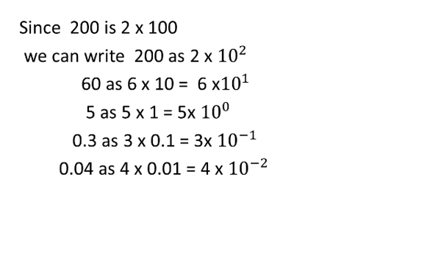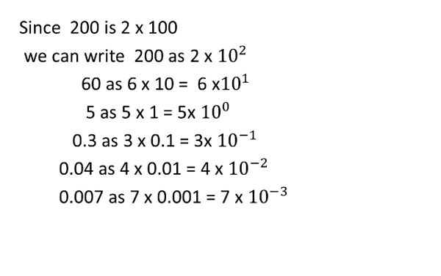So 0.04 we can write as 4 multiplied by 10 to the power of minus 2. 0.007 is 7 times 0.001, but 0.001 is 1 over 1000, or 10 to the power of minus 3. So 0.007 we can write as 7 times 10 to the power of minus 3.